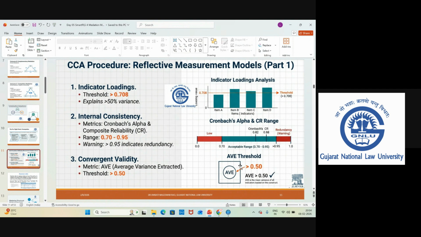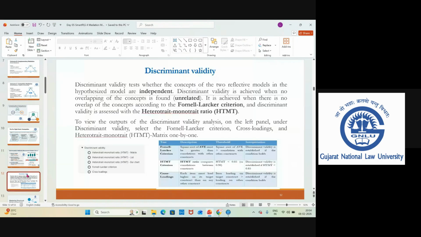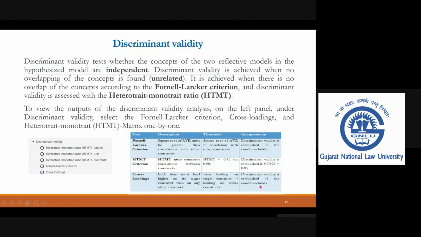Okay. So next one we have discriminant validity. Though I'm not going into detail again, as a part of discriminant validity, we have three important threshold benchmarks. One is Fornell-Larcker criteria. Second one is HTMT criteria. Third one is cross-loadings.